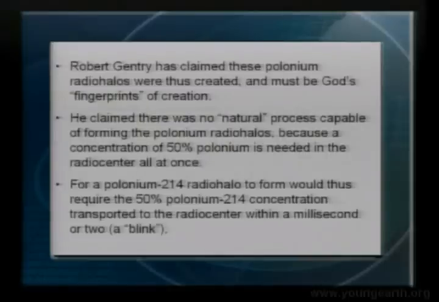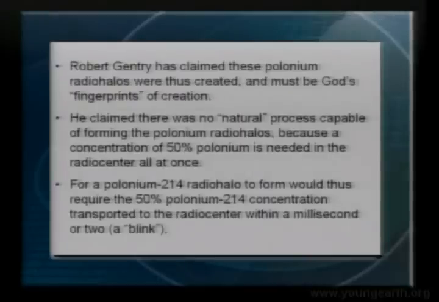Well, he claimed that there was no natural process capable of forming these polonium radiohalos because you need a concentration of at least 50% polonium in the radiohalo centre, he said, all at once. In other words, remember, you've got to produce between 500 million and 1 billion decays to make a visible halo.